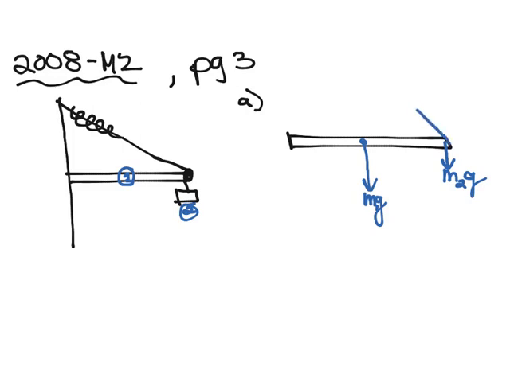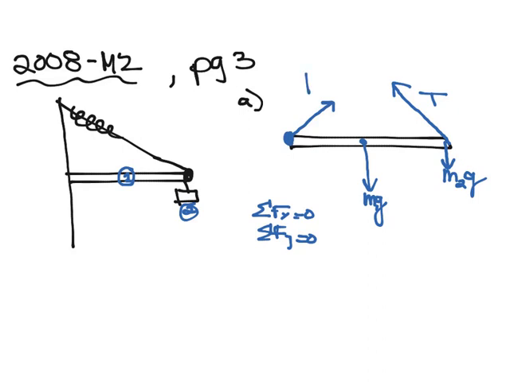I also have tension from this string that's acting on the rod, and since it's not moving, I know sigma Fx equals 0 and sigma Fy equals 0. What that tells me is that in both the x and y direction, I need to have a force at this hinge that is canceling out.